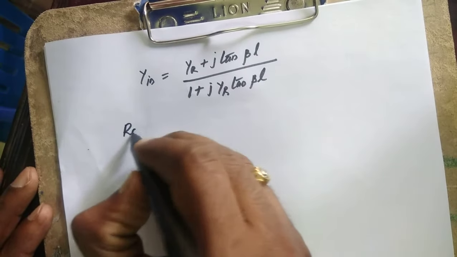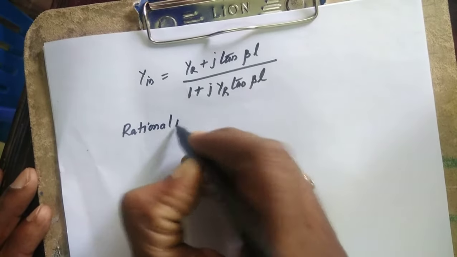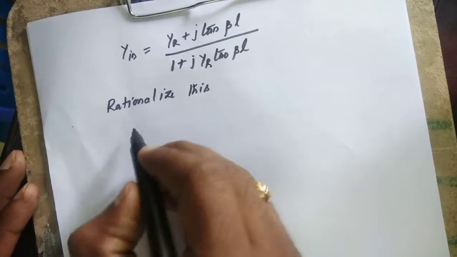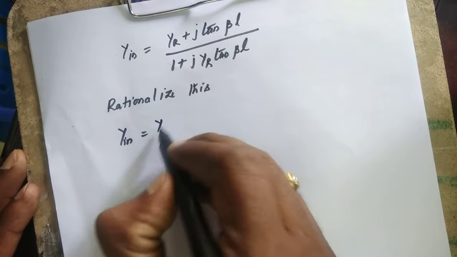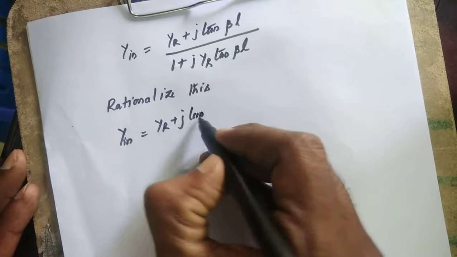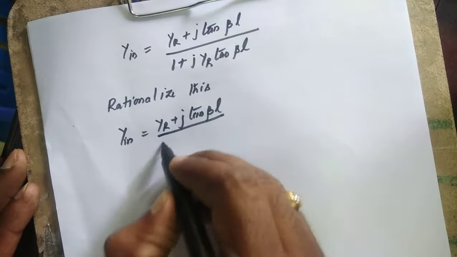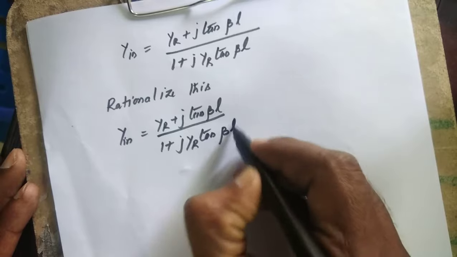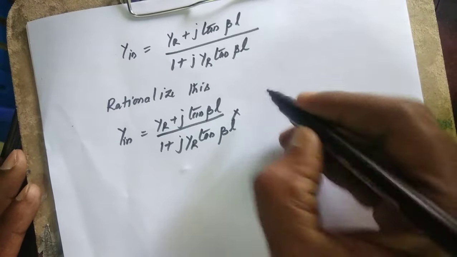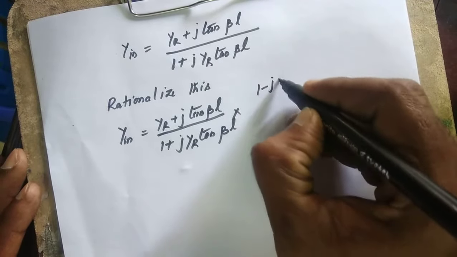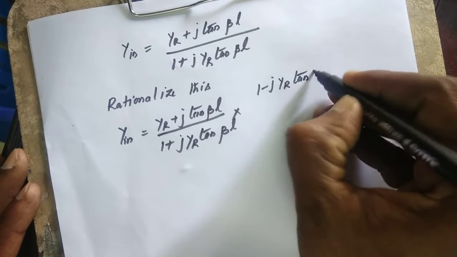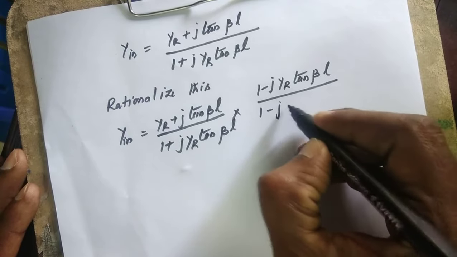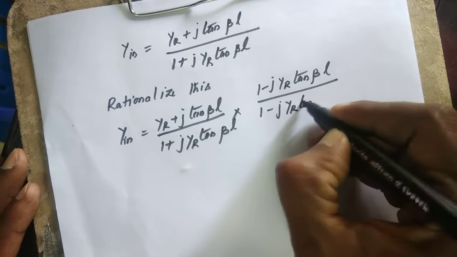Now rationalize this one, so that we get Y in as (YR plus j tan beta L) divided by (1 plus j YR tan beta L), multiplied with (1 minus j YR tan beta L) divided by (1 minus j YR tan beta L).